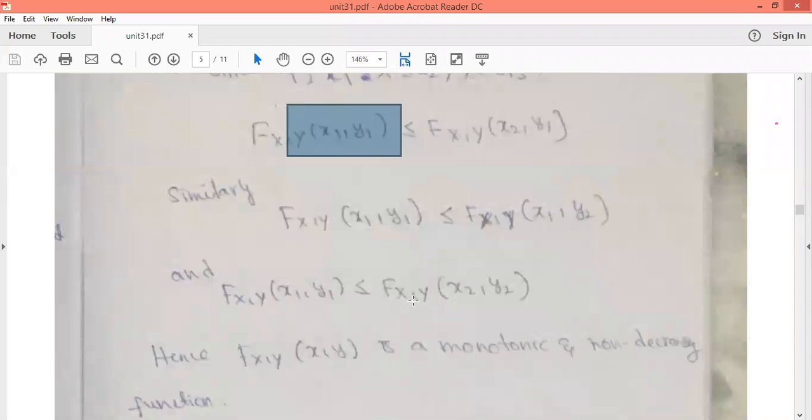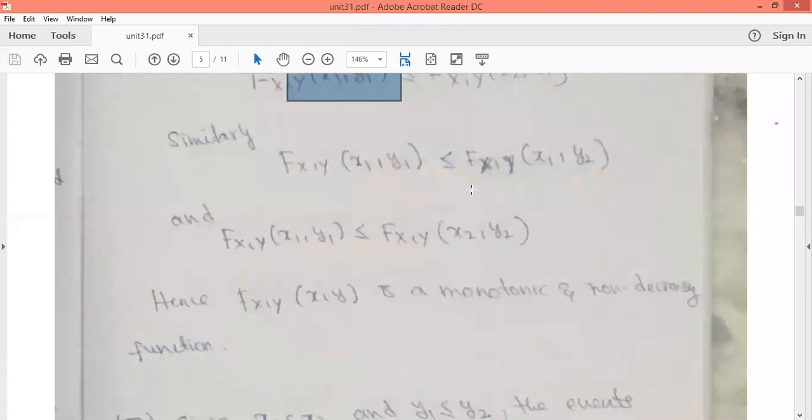Okay. Similarly, in the previous case, what did we do? We changed the x1 range, and the y1 range we kept constant. Similarly here also x1 is kept constant, and the y range is varying from y1 to y2. Okay. So it is similar to the procedure we have discussed just now.